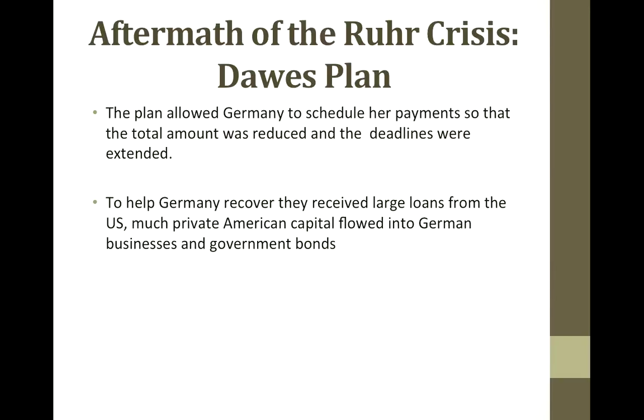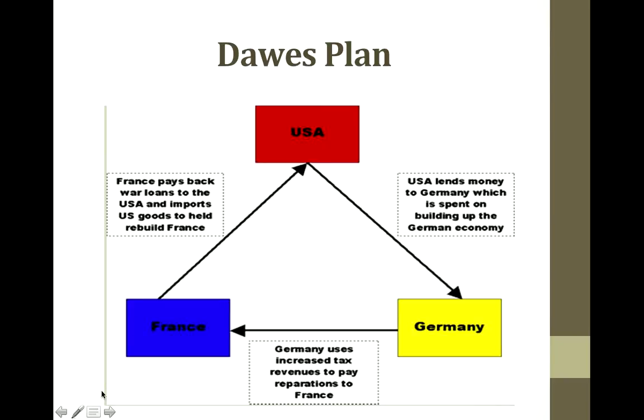And then the money and the revitalization of the economy can then go to help repay the war debts. All right, and so we see this diagram again. I'm just reiterating this between the USA, Germany, and France, just to give you an example. All right.